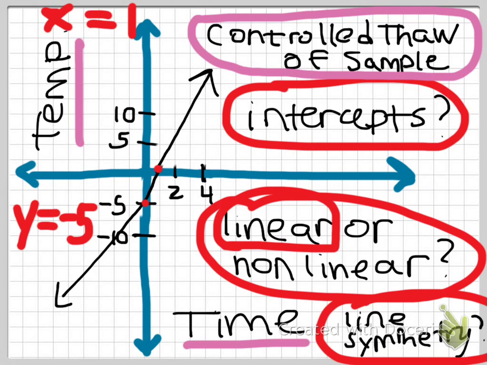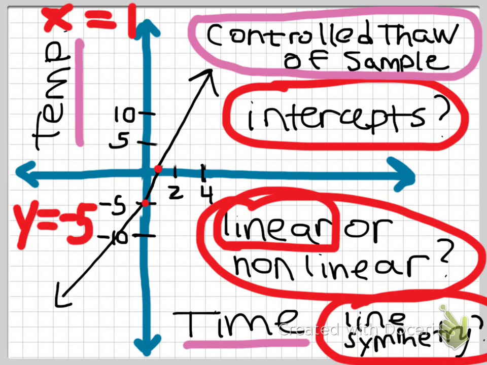Now for the y-intercept, that would mean that after no hours have gone by, it is now going to be -5 degrees. So basically, when you put the thawed sample out to unthaw, it started out being -5 degrees.